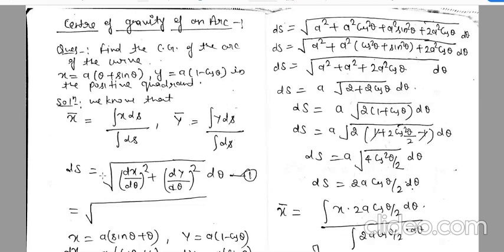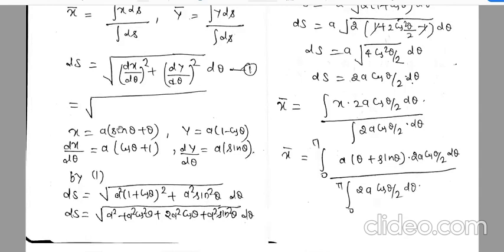So this will be your center of gravity of an arc. Now, what is ds? ds is equal to square root of (dx upon d theta) whole square plus (dy upon d theta) whole square, d theta. Now find the center of gravity of the arc of the curve x is equal to a(theta plus sine theta). So we need to calculate dx upon d theta and dy upon d theta.